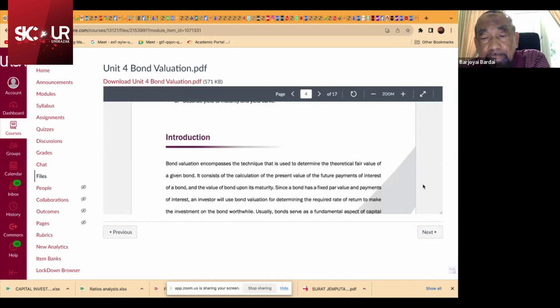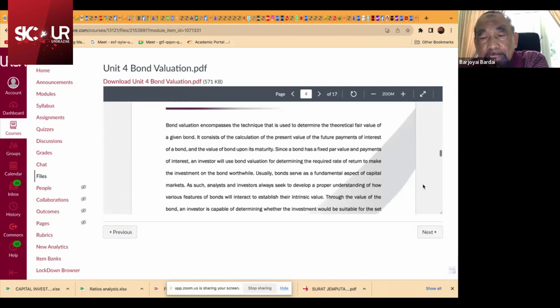Since a bond has a fixed par value, which means the value on the certificate that will be paid back to us, and a payment of interest, an investor will use bond valuation for determining the required rate of return to make the investment in the bond worthwhile.